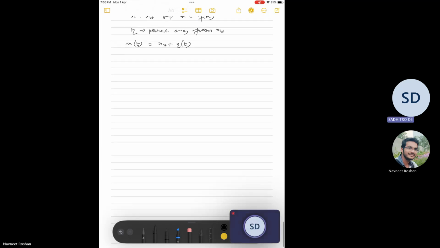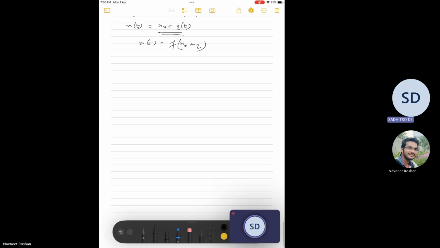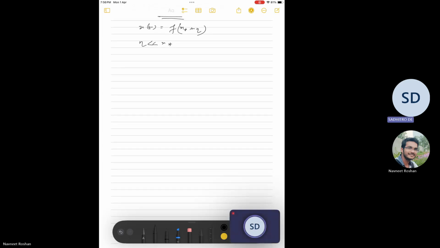And then how does this particular point evolve? x dot is basically equal to f of x star plus eta, right? F at the given value of x. Now let us assume that eta is much smaller than x star. Okay, so then we can expand this in the form of a Taylor series.